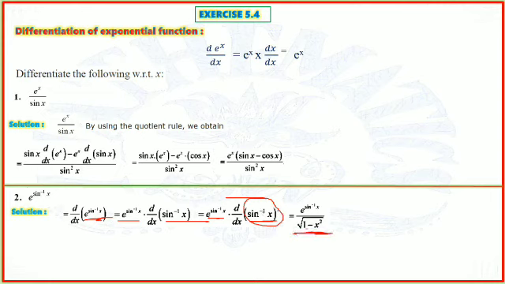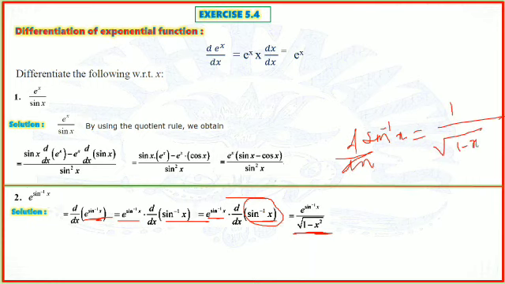The derivative of sine inverse x is equal to 1 upon under root 1 minus x square, that we have written here. So that's all about this question. Over.